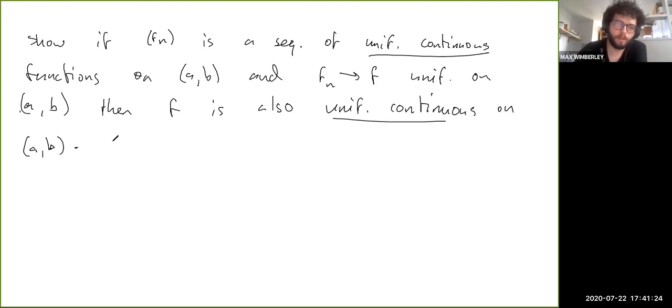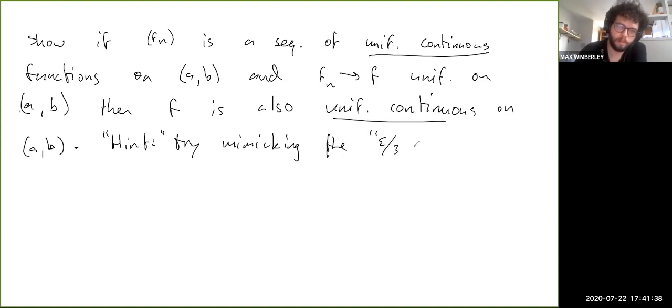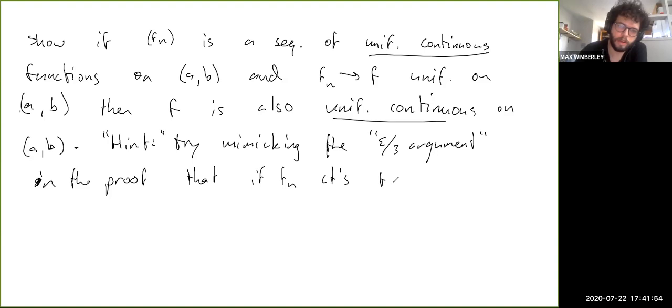So the book gives a hint. Try mimicking the epsilon over 3 argument in the proof that if Fn are continuous, then F is continuous, right?